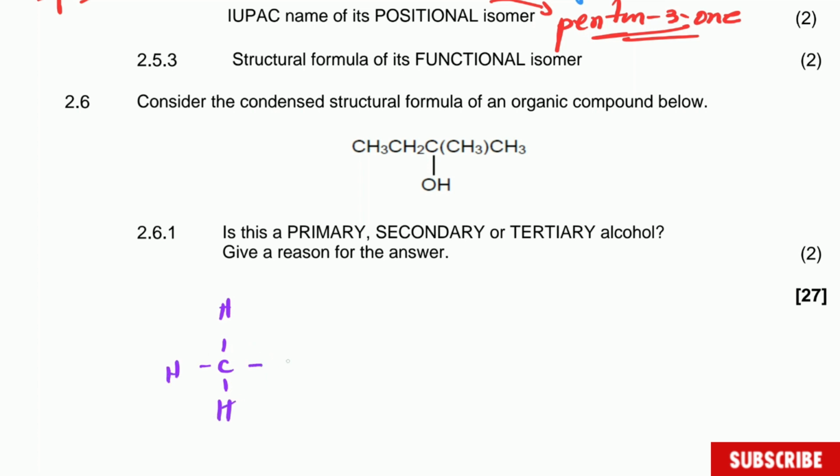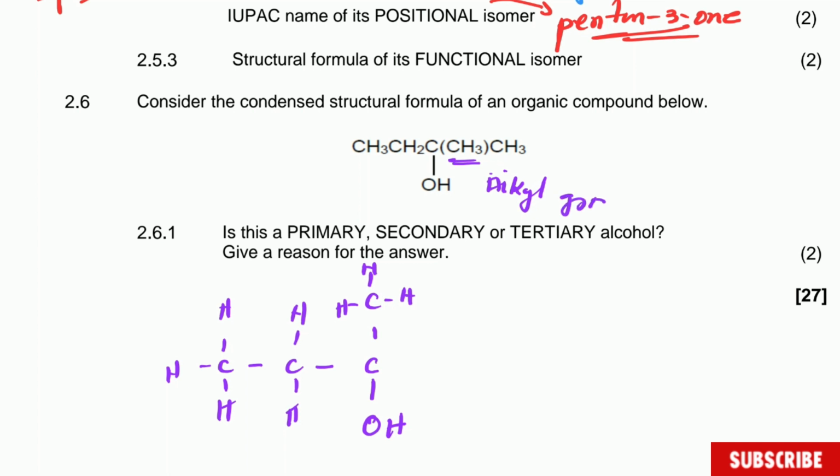That carbon is connected to a carbon with 2 hydrogens. That carbon is connected to a carbon which has the OH. I'm going to draw the OH like that. And there is a substituent connected there, which is a CH3. Remember, this one represents substituents or alkyl group in brackets. And then you have the final carbon with 3 hydrogens.